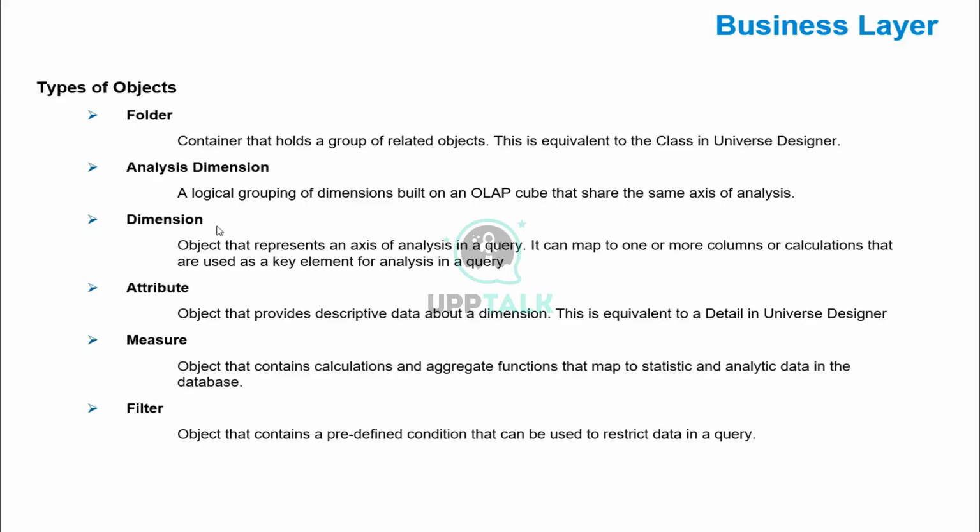Folder is that one. And as I already told, the objects are of three types: dimension, attribute, measure. A dimension is like text data, like a month, product name or product ID, anything which classifies the information we use. Our object represents the axis of analysis in a query.